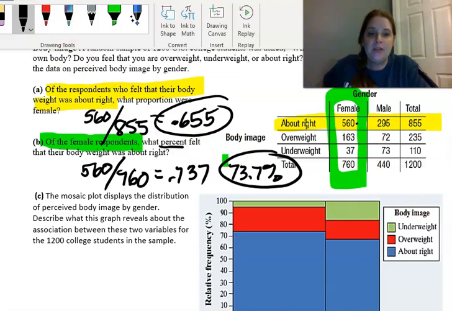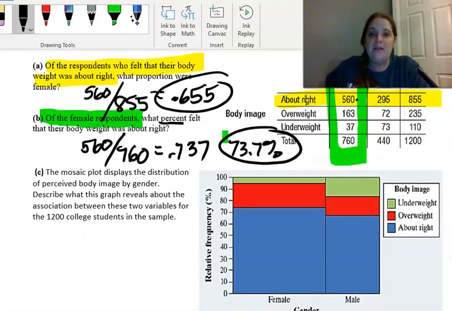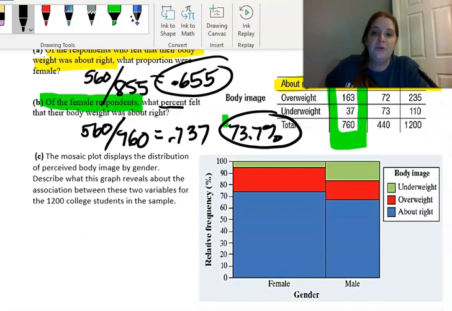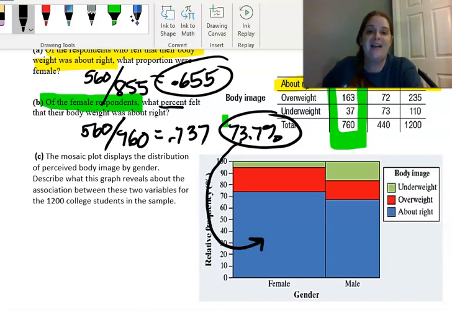Okay, the next question says the mosaic plot displays the distribution of perceived body image by gender. So in other words, we're looking at the percentage of females and the percentage of males. So this 73.7, that's this section right here.